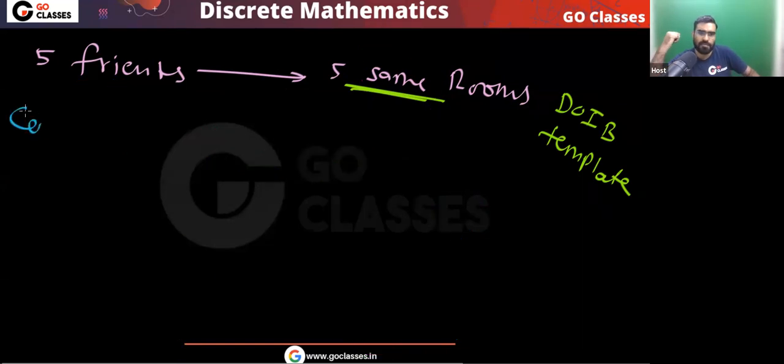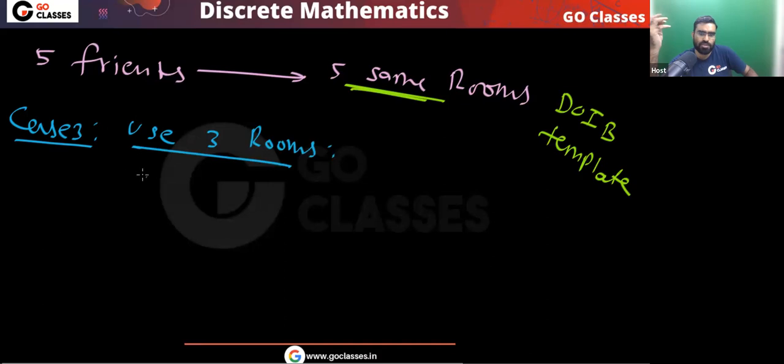What about case 3? Case 3 means use 3 rooms. If you are using 3 rooms, what are the cases possible? 3,1,1 is possible. What else is possible? 2,2,1 is possible. Anything else?